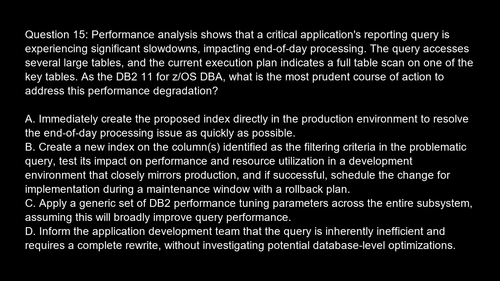Option C. Apply a generic set of DB2 performance tuning parameters across the entire subsystem, assuming this will broadly improve query performance. Option D. Inform the application development team that the query is inherently inefficient and requires a complete rewrite, without investigating potential database-level optimizations.